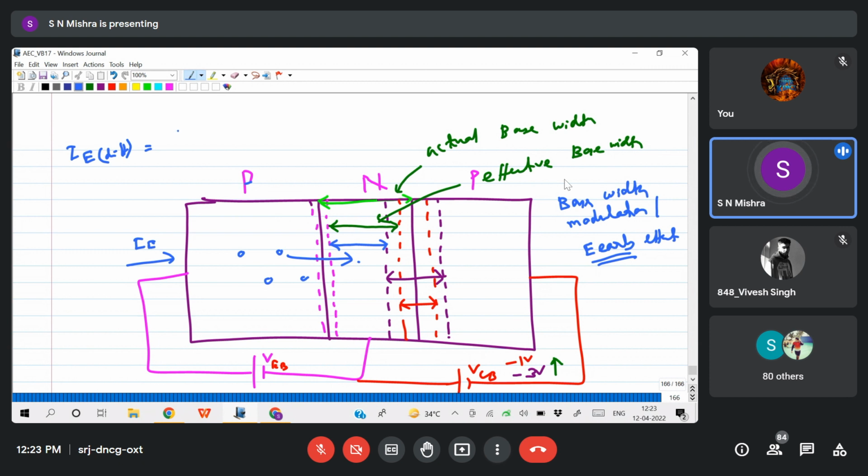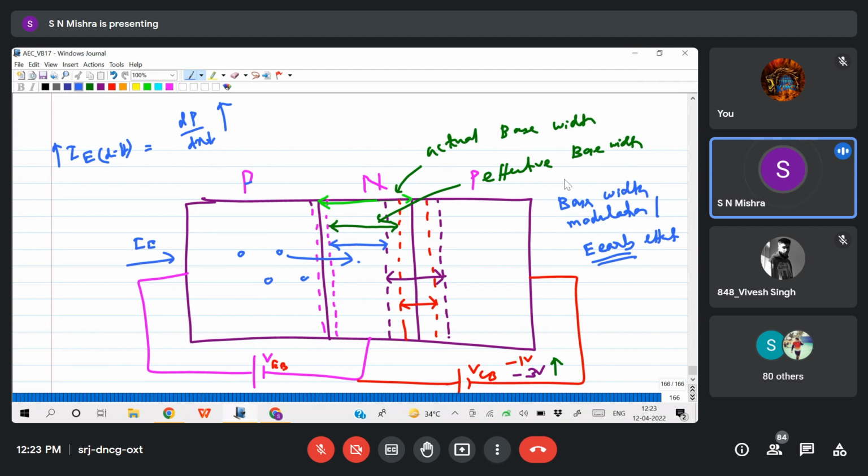This diffusion current depends upon the concentration gradient, that is dP by dx. If this distance or width decreases, then obviously the concentration gradient will increase, the denominator will decrease, meaning the whole term will increase. This means the emitter current will increase.